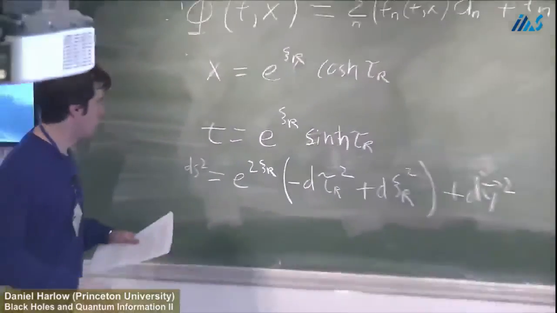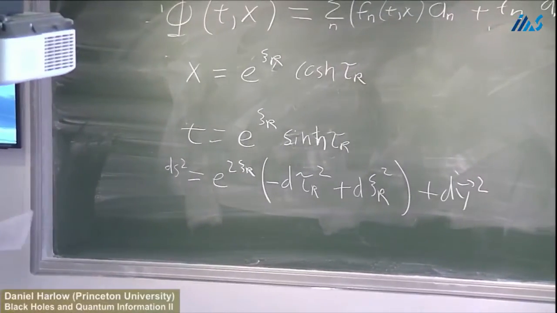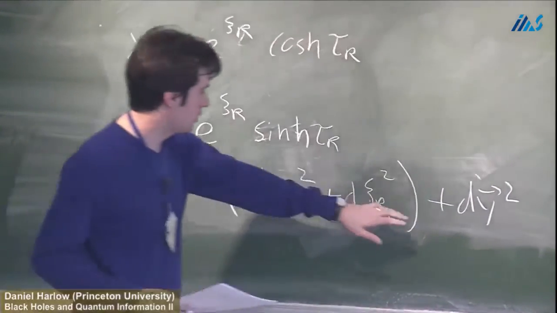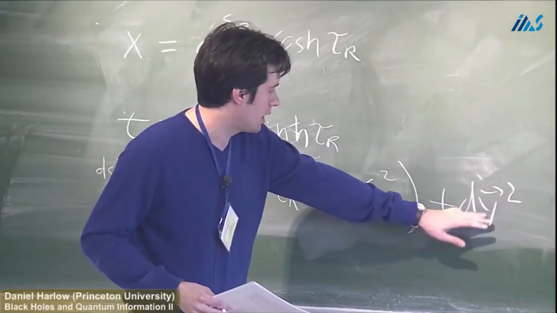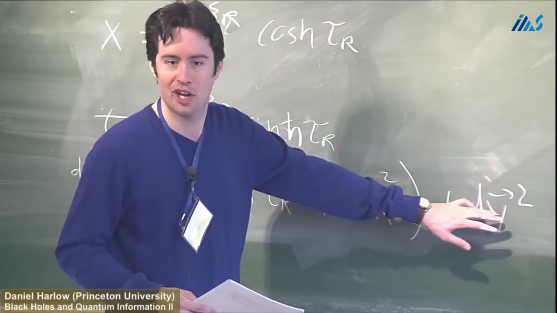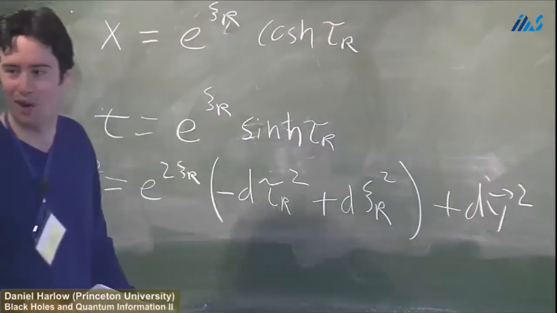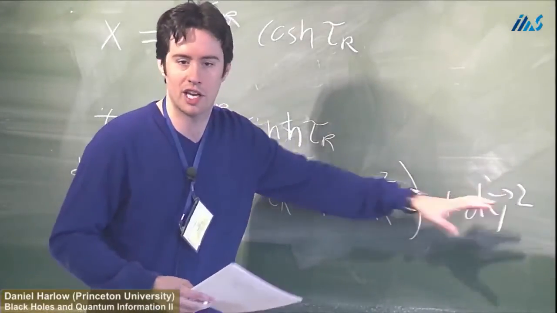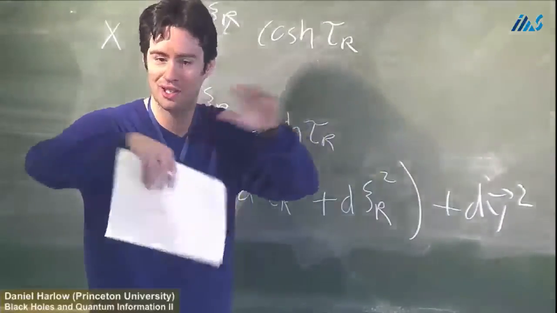This should look like the formulas we were throwing around yesterday for the black hole. One difference is that when I write y with the vector, I'm collecting y and z together, and I don't want to keep writing y and z separately. The thing that appears here, which I'm going to ignore, is now a plane, whereas yesterday it was a two-sphere.